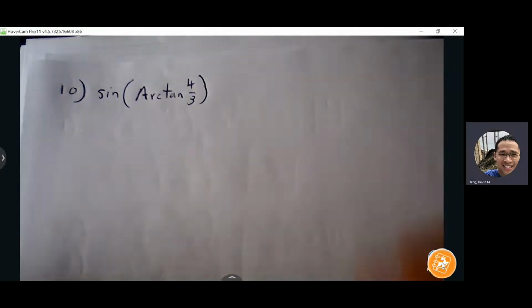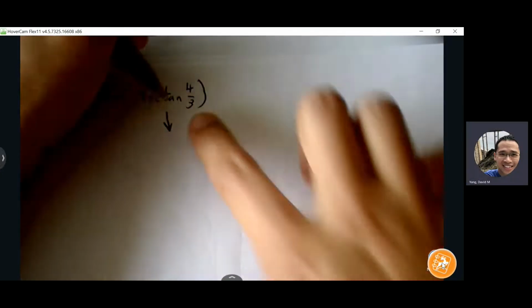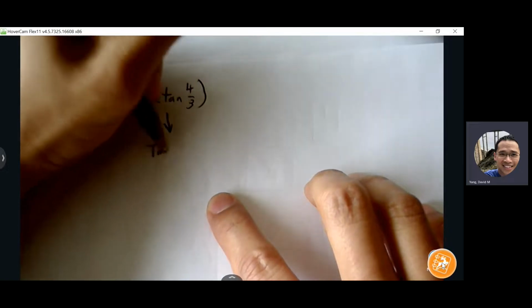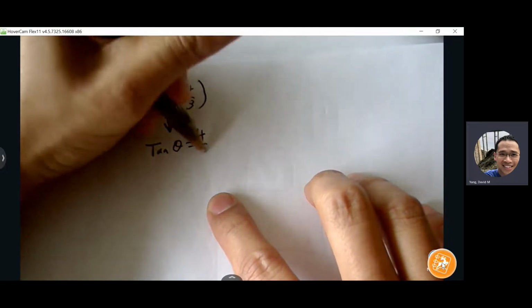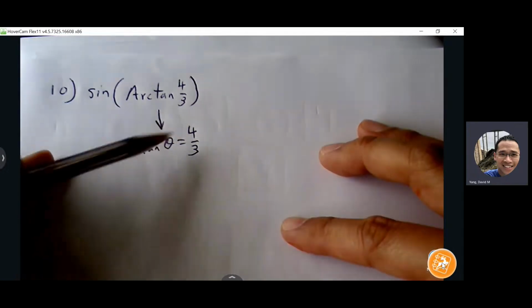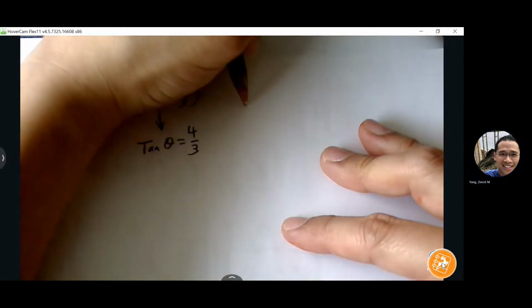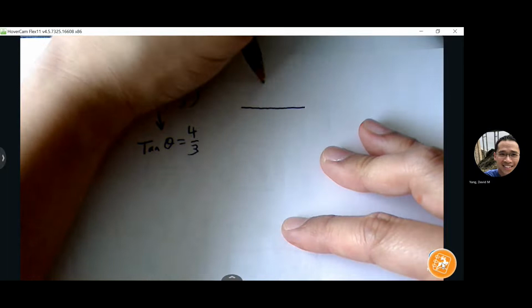Sine of arc tan of 4/3. In other words, that's another way of saying tangent of theta is equal to 4/3. Now, this is not a unit circle value, but we can create a right triangle out of this.